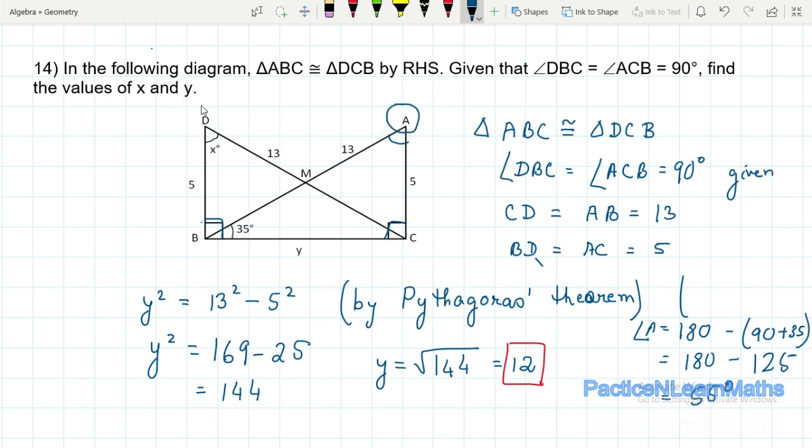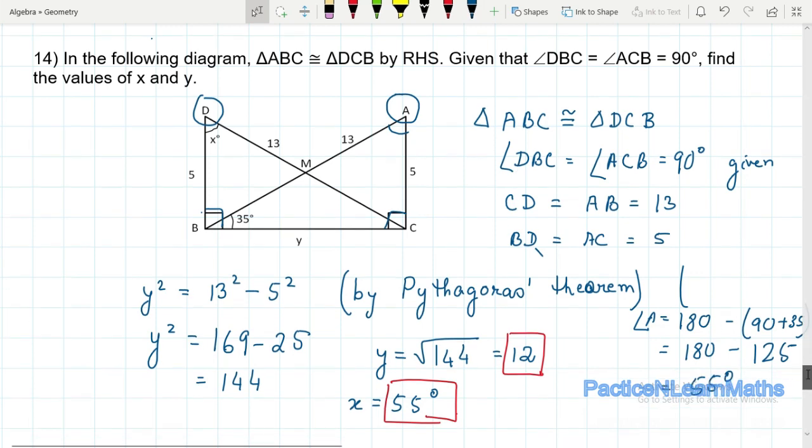And here we see angle A is equal to angle D is equal to 55 degrees. So, which is equal to x. So, x is equal to 55 degrees. That's the answer.